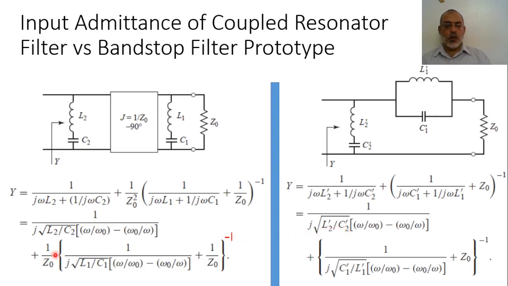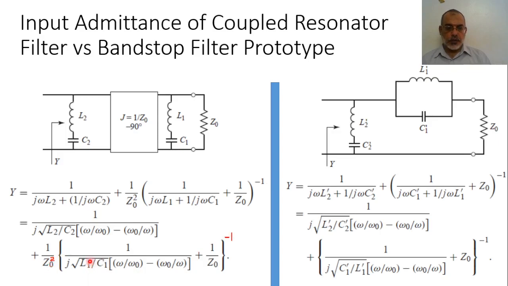I believe that this 1 over Z naught should be squared. One over Z naught squared, multiplied by this value to the power minus 1.